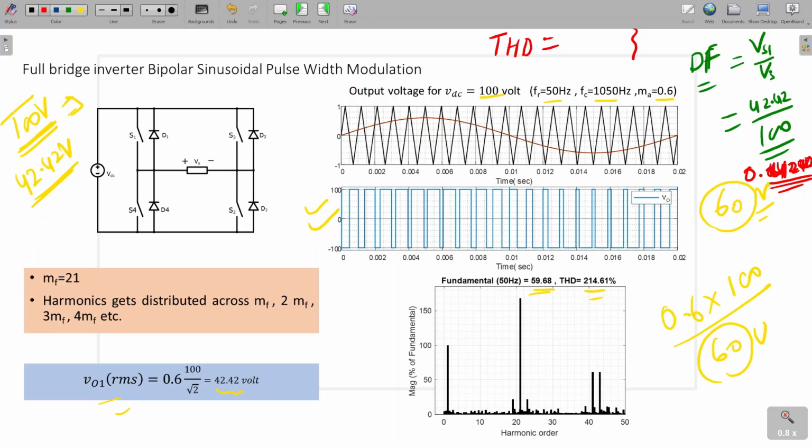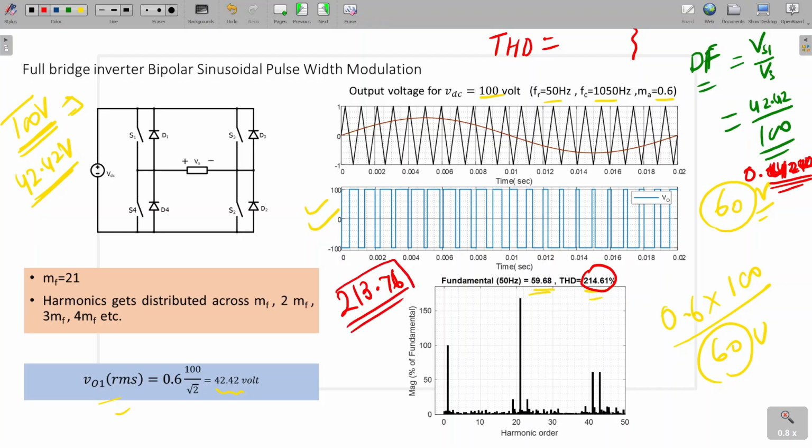We are getting this value, 214.8 almost. 1 divided by 0.4242 whole square minus 1. I'm getting 213.76%.